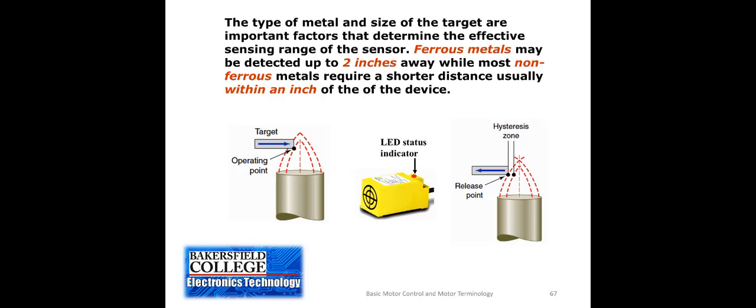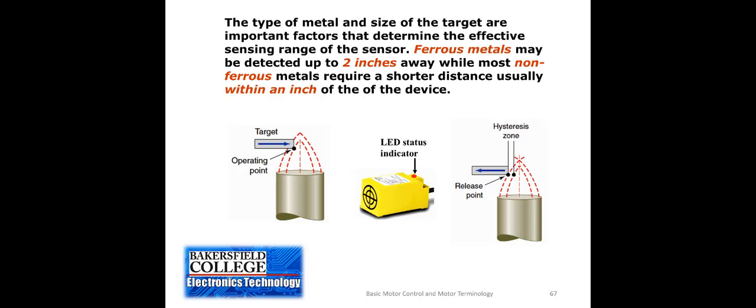Now, one of the things that you'll see on this picture is the term hysteresis. Hysteresis is something that is used as a term in a number of different applications in electronics. Basically, hysteresis in this case is what point does it detect, and what point does it stop seeing that object and stop detecting it?